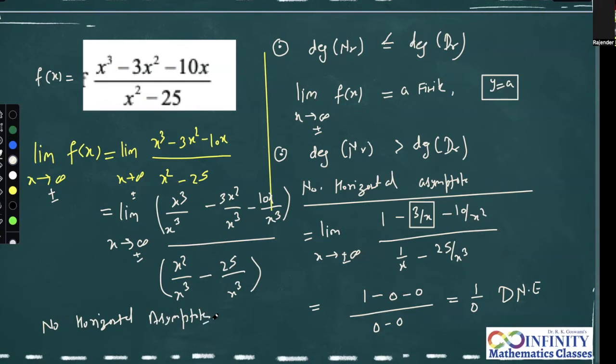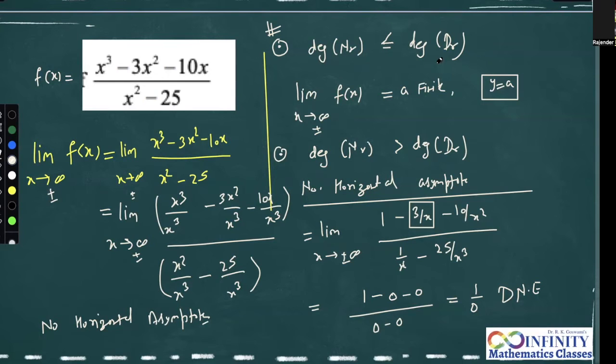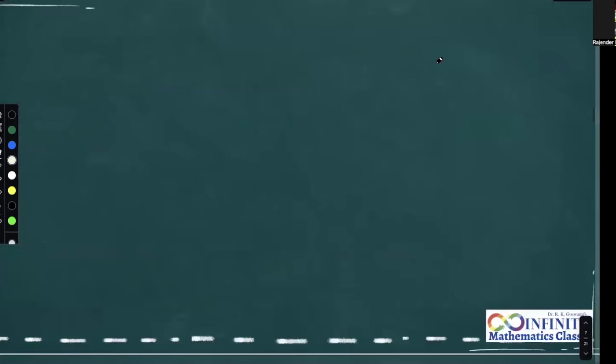So you need to focus on this and how we can identify it directly. Just look at this statement. Whenever the degree of the numerator is less than or equal to the degree of the denominator, there is a chance that we will have a finite limit and a horizontal asymptote. So, no horizontal asymptote here. Now let us do one more calculation.